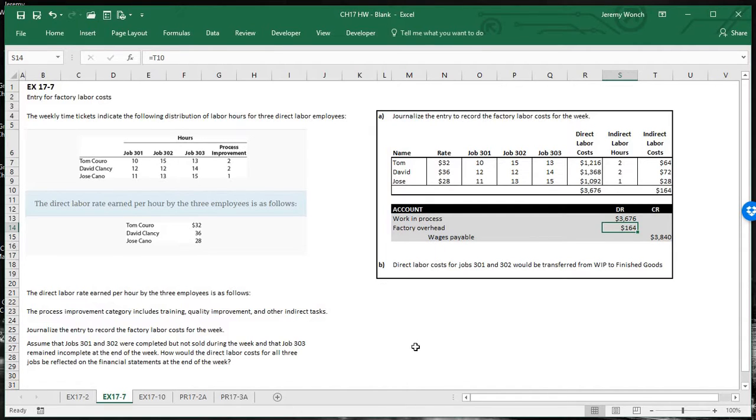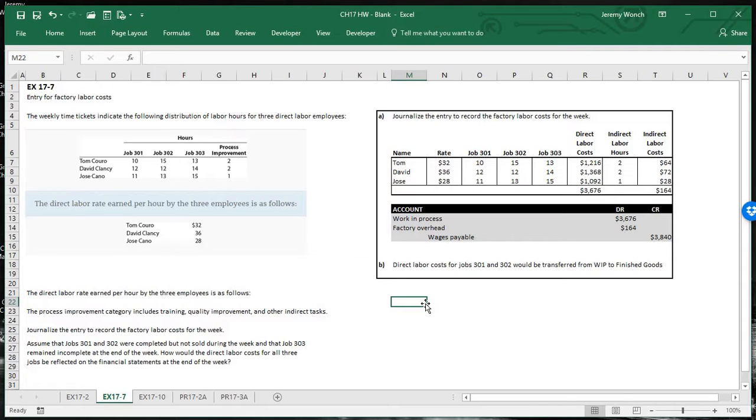How factory overhead works is very similar to direct materials with a little bit of a twist. Think of when you incur cost for factory overhead as like buying materials. When you buy materials, you don't put it into work in process. You put it into direct materials.